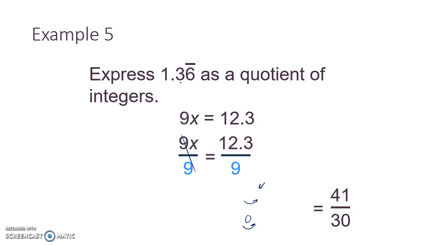So if we wanted to write 1.36 with the 6 repeating as a fraction, it would be 41 over 30. And again, you can check this by putting 41 divided by 30 in your calculator, and you'll get 1.36 with the 6 repeating.